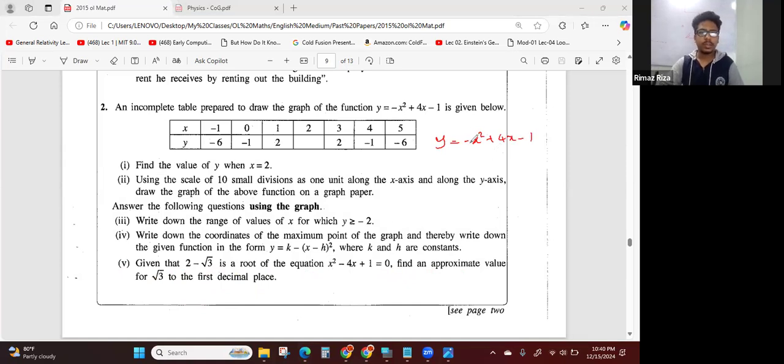You take this function and you can see the signs all change. Here it's minus, here it's plus, here plus, minus. That means you multiply by minus. When you multiply by minus, what happens? I'll explain nicely.